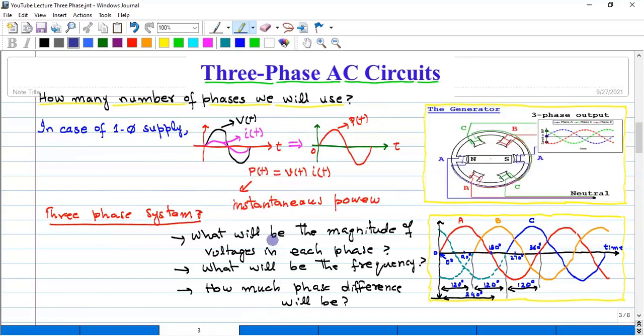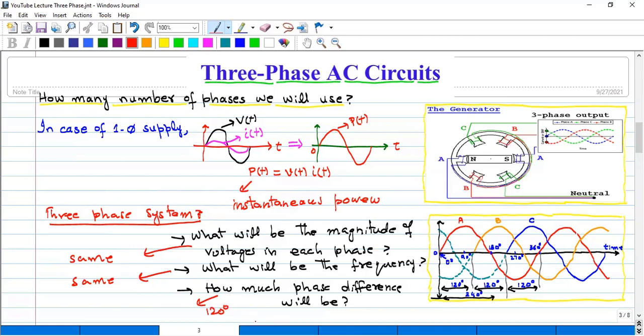So the magnitude of the voltage in each phase will be the same. The frequency will be the same as well. And the phase difference will be 120 degrees between two phases.